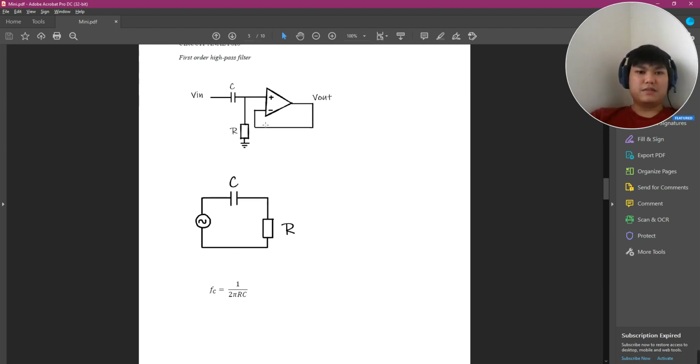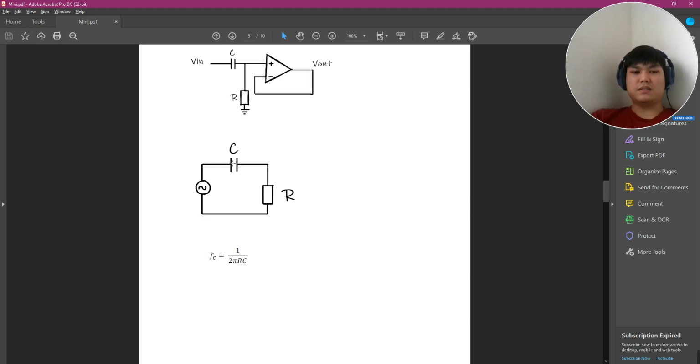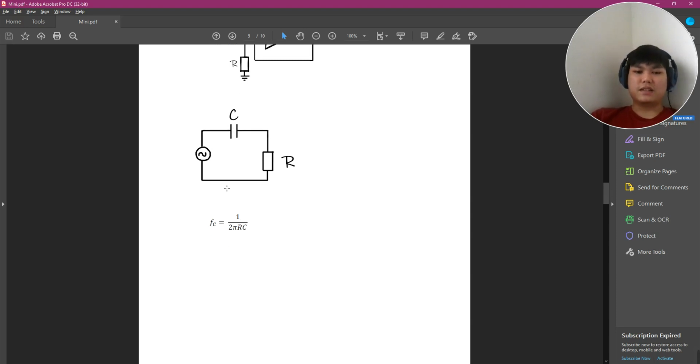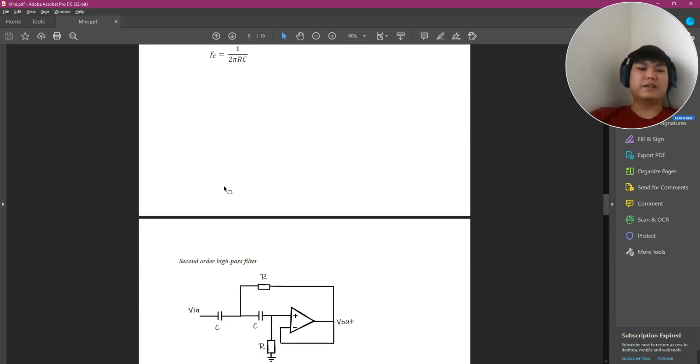This is the first order, which is basically an RC circuit, but with the capacitor in series and the resistor in parallel. The critical frequency is 1 over 2 pi RC.